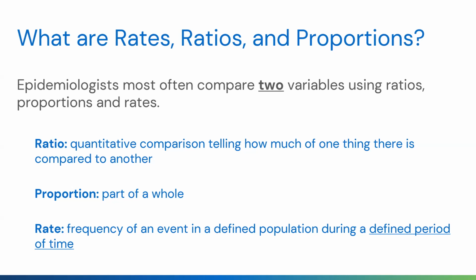So we're looking at one thing in our hand out of the entire thing, a piece of the pie. Rate is the frequency of an event in a defined population during a defined period of time. And so often when we're thinking about things that happen in epidemiology, we're usually talking about rates. But the other two are usually confused.